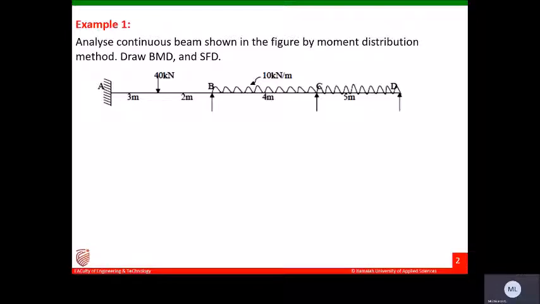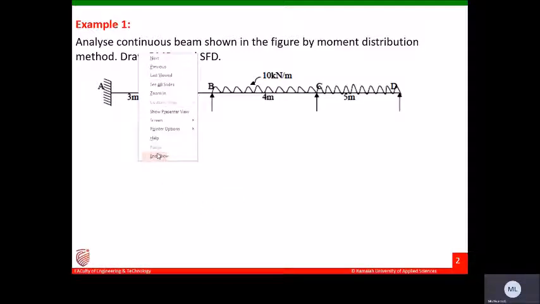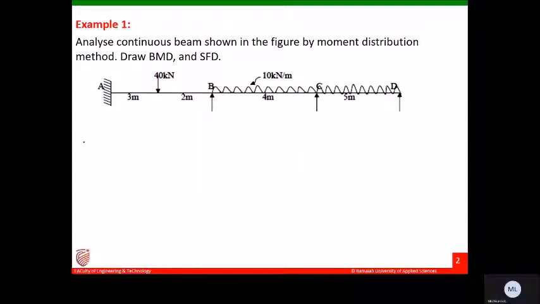That is our aim. Now let us consider this example.